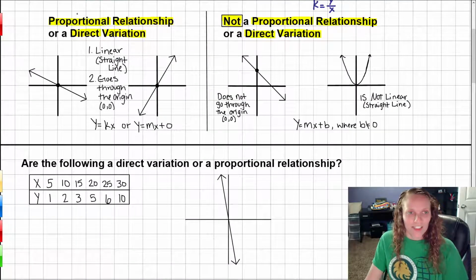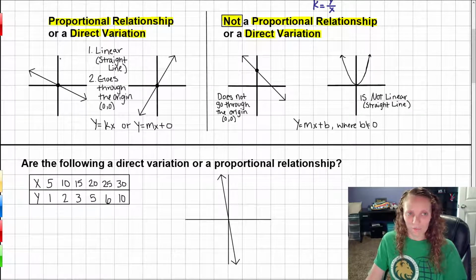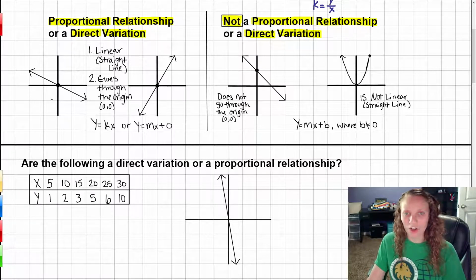Alright, on this next part, on the left side here, these are examples of a proportional relationship or direct variation. If you notice, both of these examples are linear, meaning it's a straight line, and both of these examples go through the origin at 0, 0, and you see that point there.